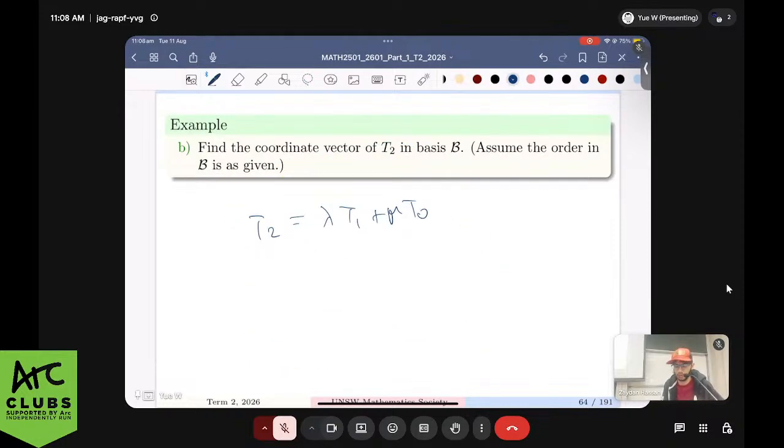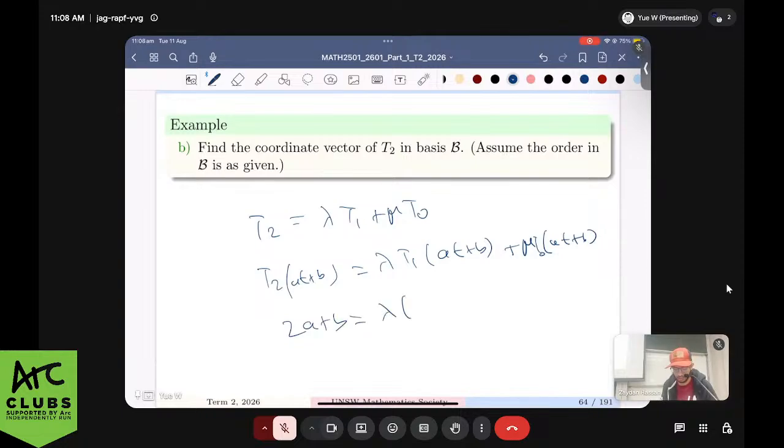These are functions, by the way, so you want to evaluate them at something to understand them. T2 of any at plus b should be lambda T1 plus mu T0, where I'm evaluating at a polynomial, at plus b. T2 of this is 2a plus b, right?